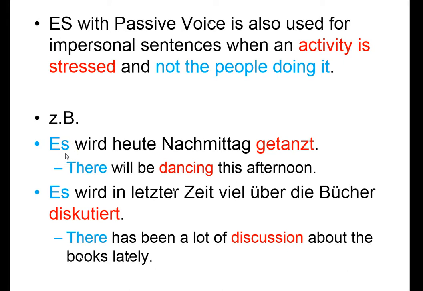Is it Hans und Heidi and Helga? Doesn't really matter. It's not they say anymore. It's just like, there will be dancing. So, es wird heute Nachmittag getanzt. There takes that es and then the dancing, the past participle. And of course, werden conjugated for es.